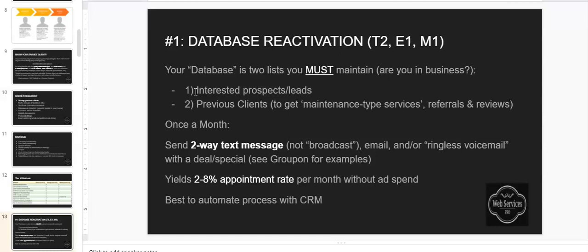So what does this mean? Once a month, you're going to send a two-way text message or SMS. This is not a broadcast message, like a one-way. This is a two-way text message. And again, there are softwares that can do this for you. As well, you can do email, and you can do what's called ringless voicemail.